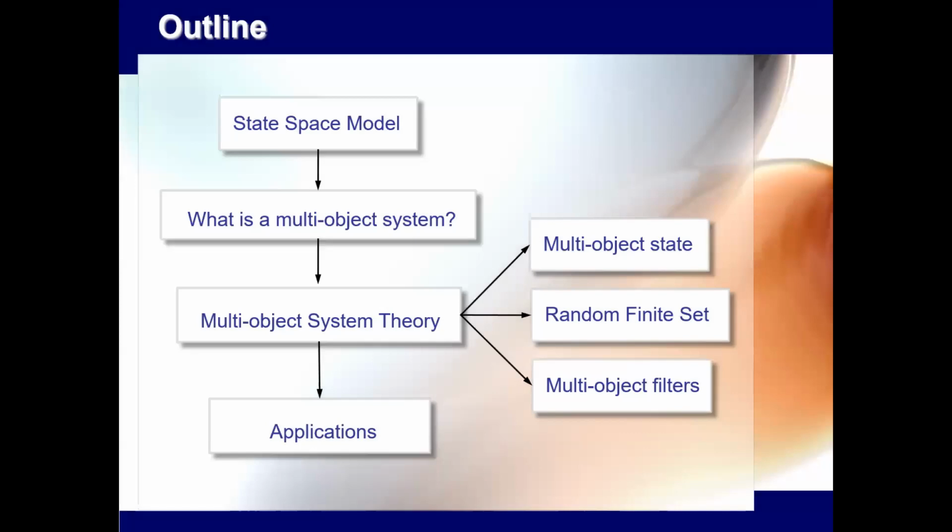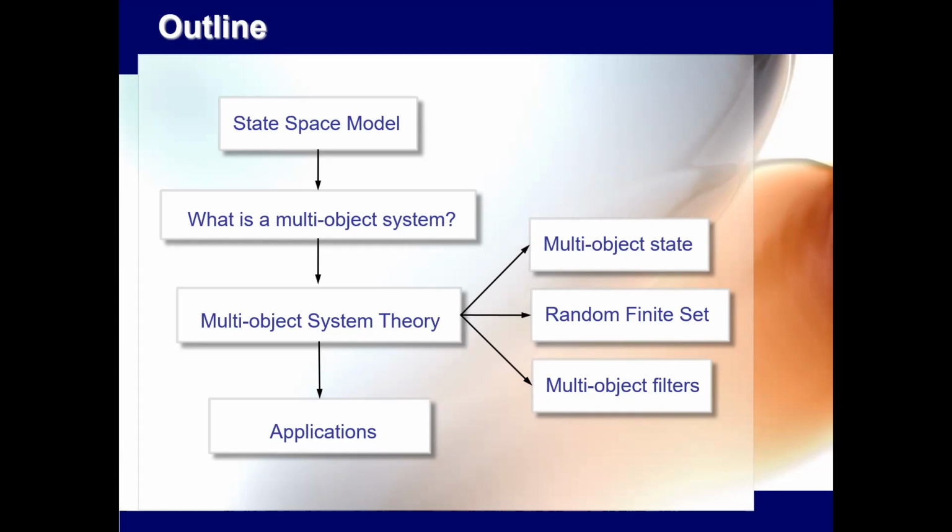The outline of my talk today is as follows. First, I'm going to talk about what the state space model means. If anyone is familiar with control theory, you might have heard of the state space model. It is a beginning to describe the objects as a metaphor.